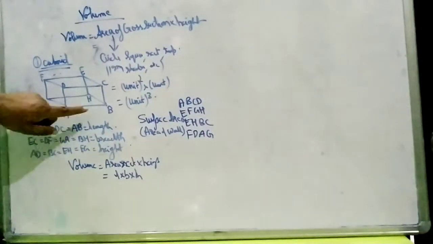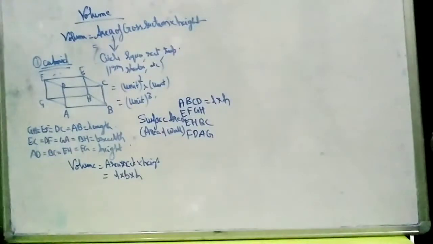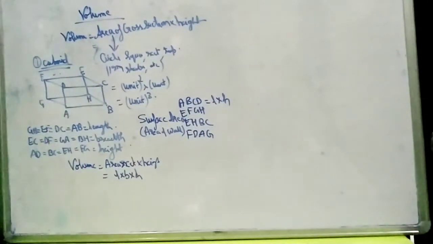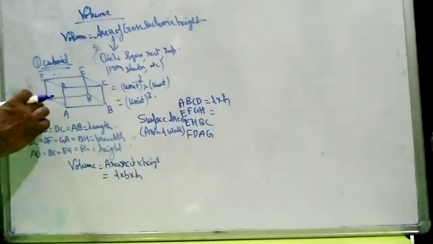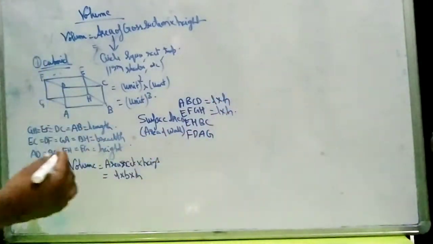Area of ABCD means length into height. EFGH is again length into height.